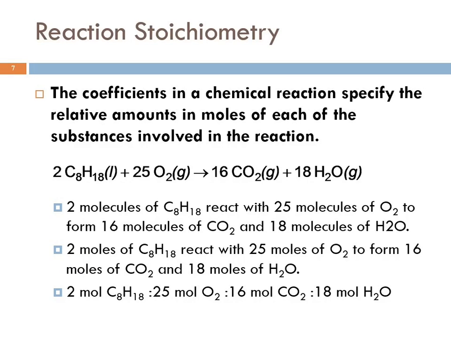It has to do with particles. And so we can come up with ratios: 2 moles of octane to 25 moles of oxygen to 16 moles of carbon dioxide to 18 moles of water. And from this ratio that's coming straight out of the coefficients in this equation, we can find the relationship between any 2 reactants or products.